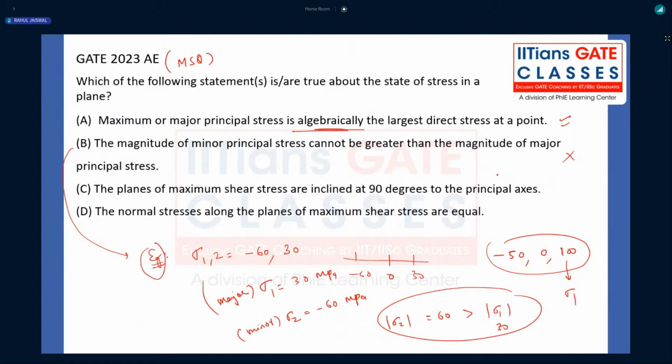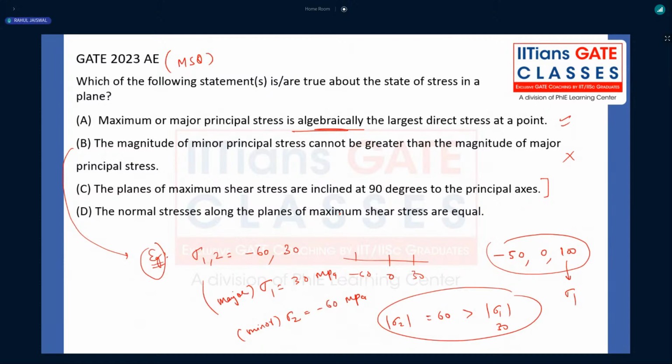The planes of maximum shear stress are inclined at an angle of 90 degrees to the principal axis. What about this statement? Now forget about this statement as of now. Let me talk about the fourth statement. Normal stresses along the planes of maximum shear stress are equal. Whether it is correct or incorrect.